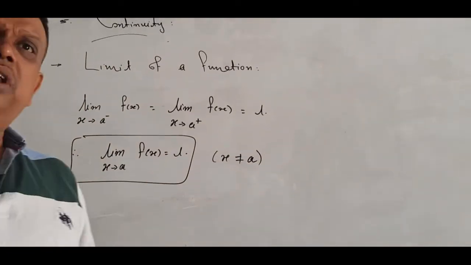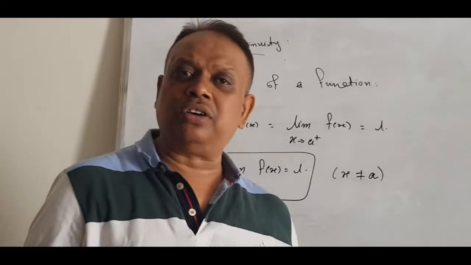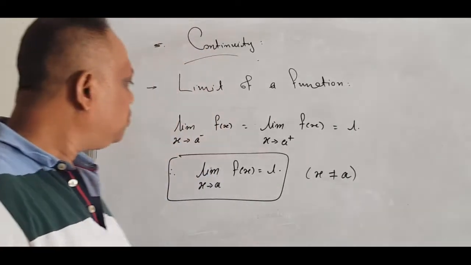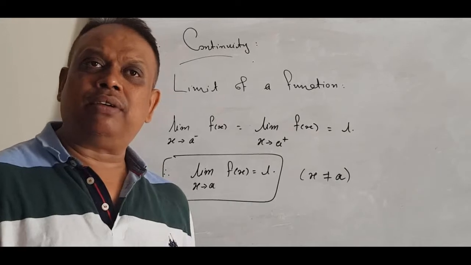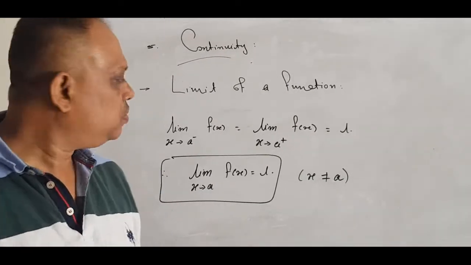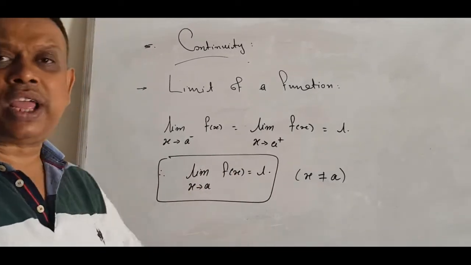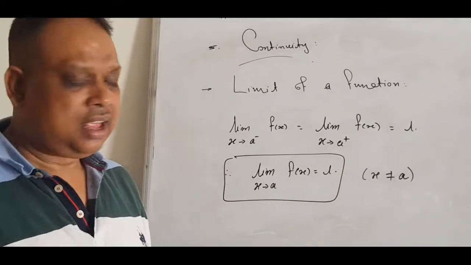So you can also define it like this: if f is a real function defined on the real numbers, and if a is any element in the domain of the function, and if limit of f(x) is L when x tends to a, you can say that the limit of the function is L.